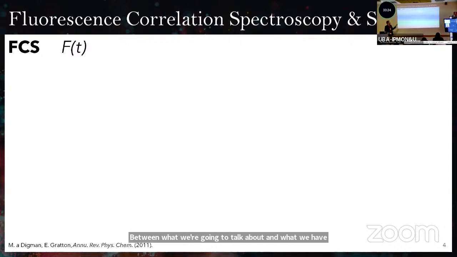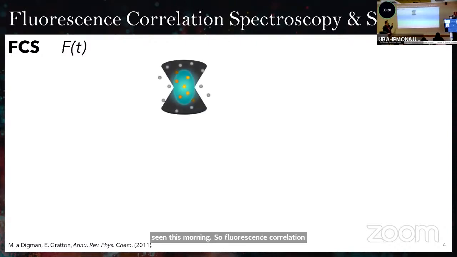So fluorescence correlation spectroscopy, as has been explained by Michelle, is a fluctuation of fluorescence as a function of time. If you imagine this volume, which is defined by the way that the light interacts with the optics of the microscope, you have a region in the center of this volume in which the particles are being excited the most, and therefore their intensity is greater at the center of this profile, and less so outside.